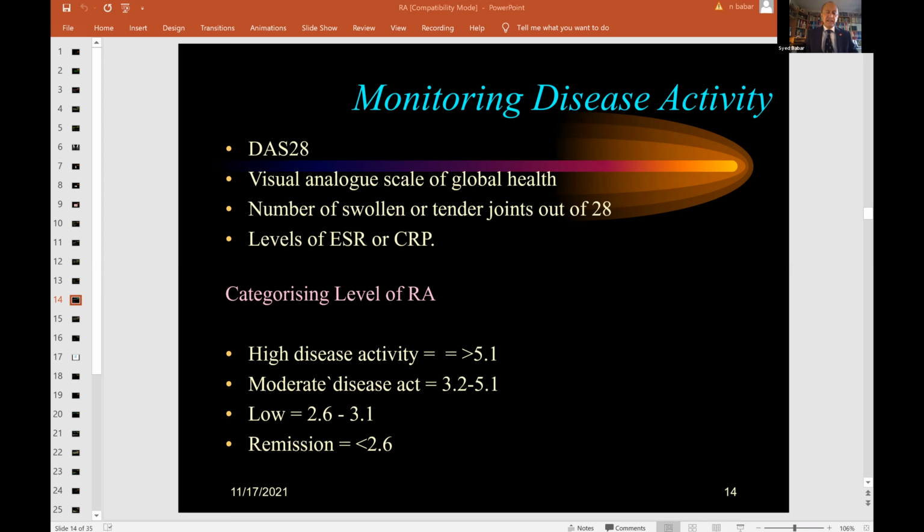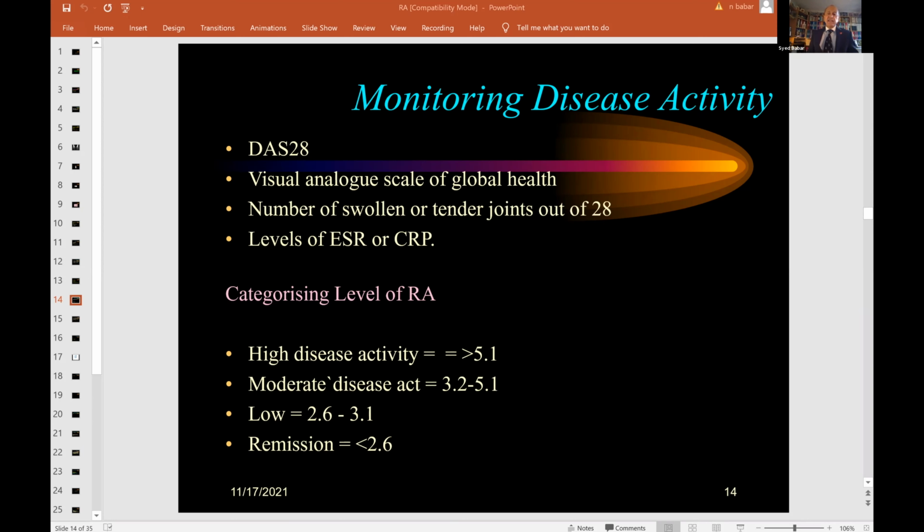Majority agree that disability assessment score in relation to 28 known joints which are especially involved is a good method. So DAS-28, which we'll define a little later on, is the main basis of making a diagnosis and how severe the rheumatoid arthritis is. So it is involved with initial diagnosis and monitoring of the patient's rheumatoid arthritis activity when the patient is under treatment.